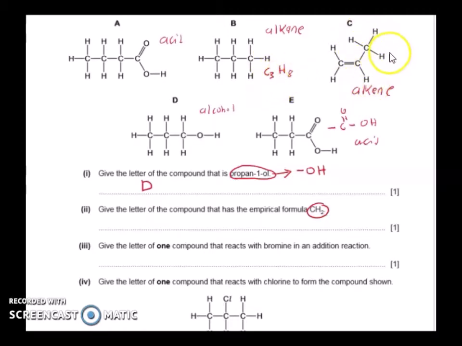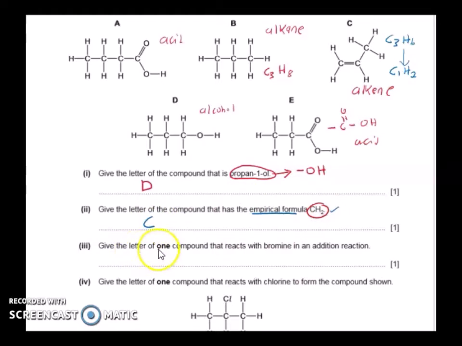Now we look at C here: C3 and H6. When we simplify this, because empirical formula means it's a simplified version, it is C1 and H2. So your answer is C.